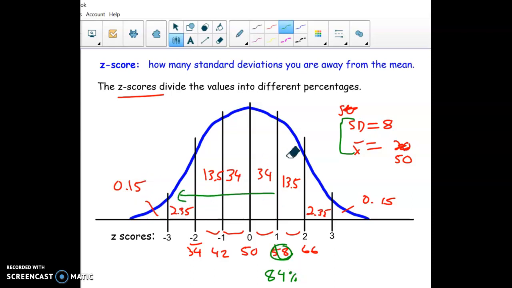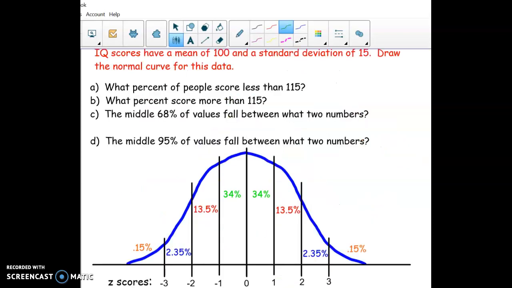You could add them all up, which would be fine, but please know that it's 50% this way, and then 34. So if I do 50% from this side plus the 34, that's how I figure out that this spot is the 84th percentile. So anyways, we're going to draw these standard deviation normal curves and then answer percentile questions based on that. It won't always be percent rank, but we'll do some examples that'll make sense.